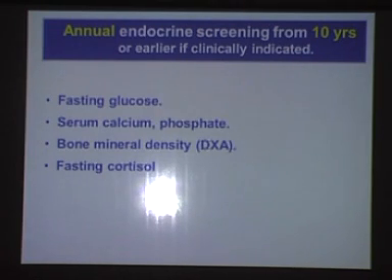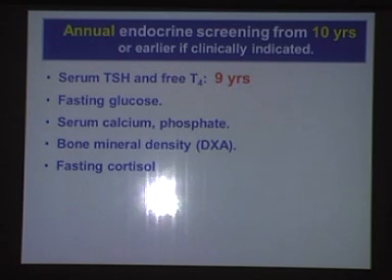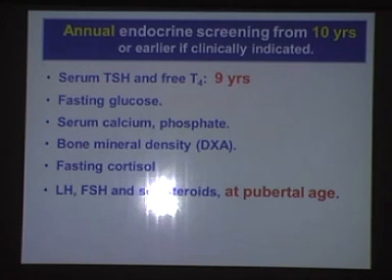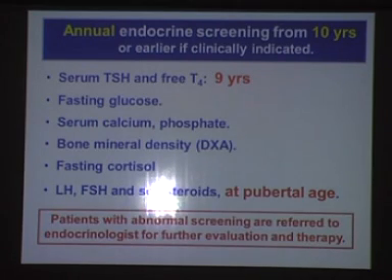Annual endocrine screening from 10 years or earlier, if indicated, for fasting glucose, serum calcium and phosphorus, bone mineral density by DEXA, fasting cortisol, serum TSH and free T4 by 9 years of age, LH, FSH, and sex steroids at pubertal age. Patients with abnormal screening are referred to endocrinologists for further evaluation and therapy.